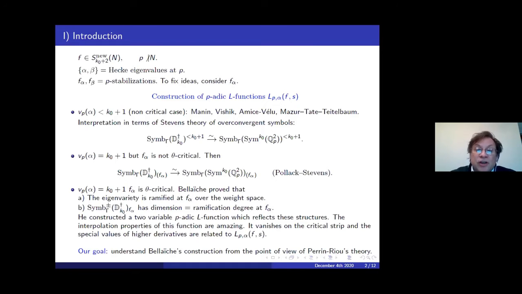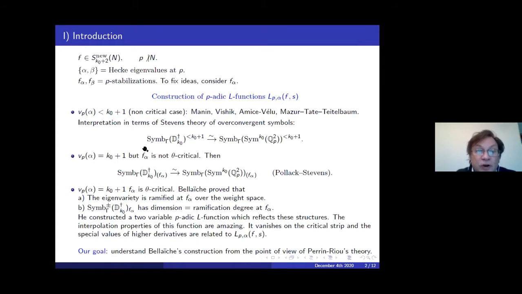But if you consider the derivatives, in some sense the first non-zero derivative of this restriction on the critical strip, then its values are related to the special values of the p-adic L-function associated to another stabilization of f, with respect to beta.